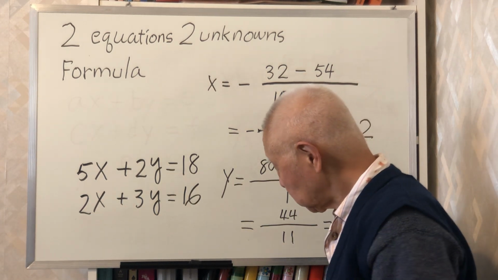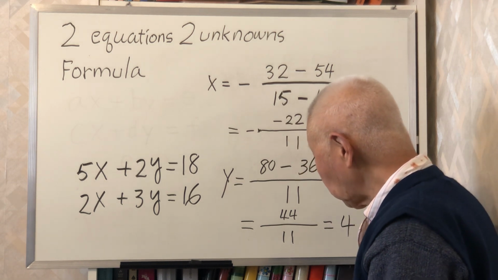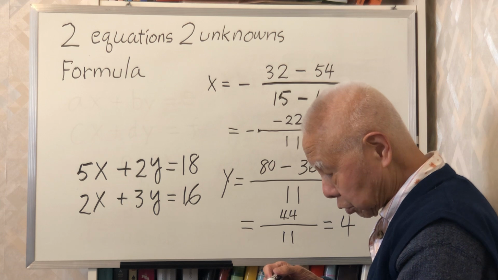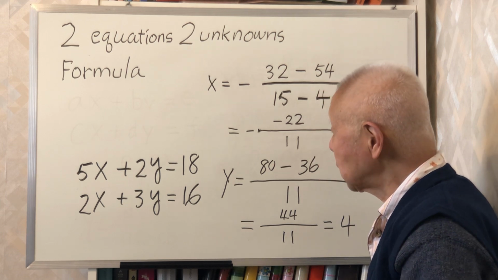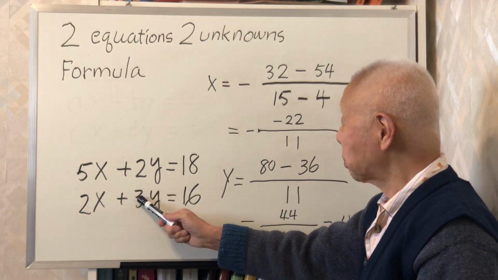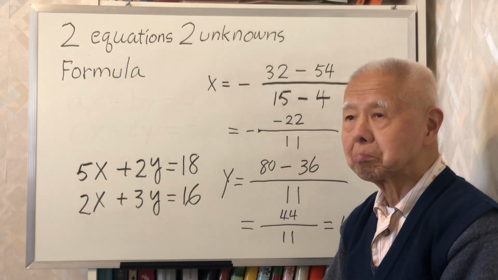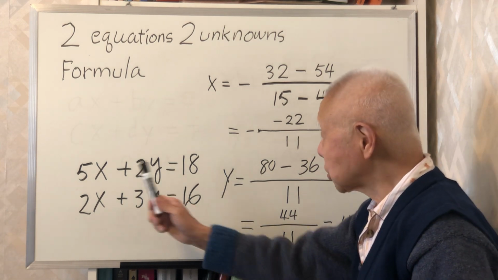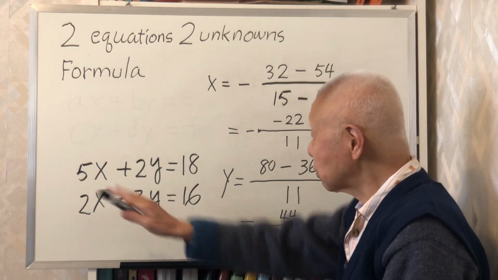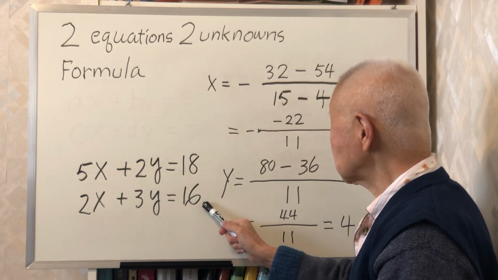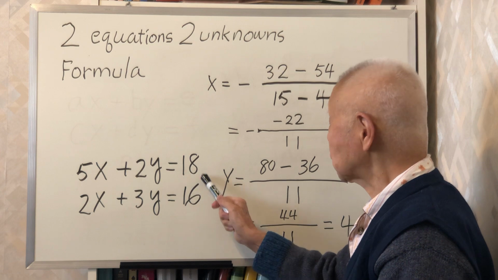And the way you memorize the formula is what I have described. The denominator is this times that minus this times that. For x, you need a negative sign. Don't look at the x term. 2 times 16 minus 3 times 18.